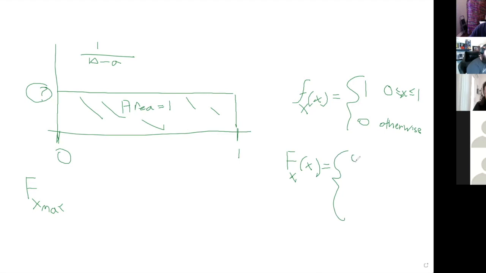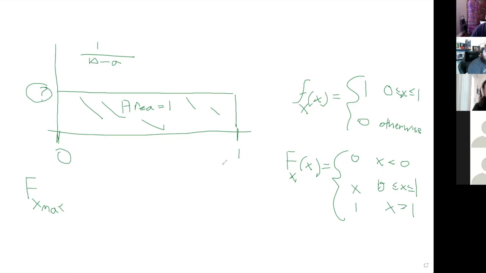So you said it's going to be 0 if x is less than 0, for 0 to 1 it's just x, and then it would be 1 over here. How did you get that x? The shortcut is x minus a over b minus a. a is 0, b is 1, so it's just x.